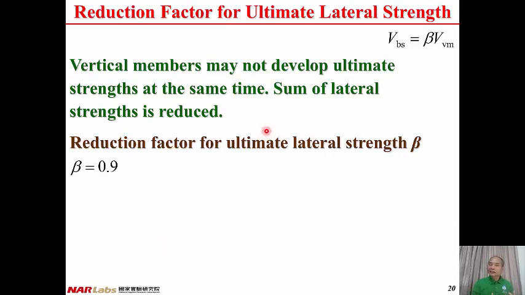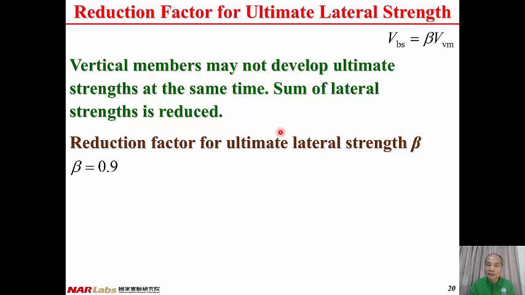Since there are different kinds of vertical members, with different dimensions, maybe with different clear heights and different cross-sectional areas, all the vertical members may not develop their ultimate strength at the same time.